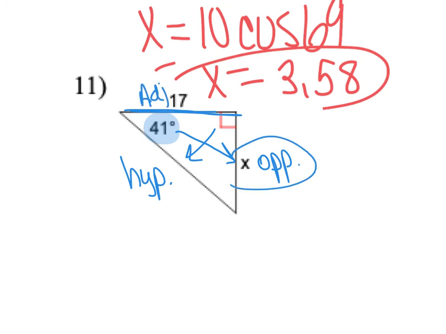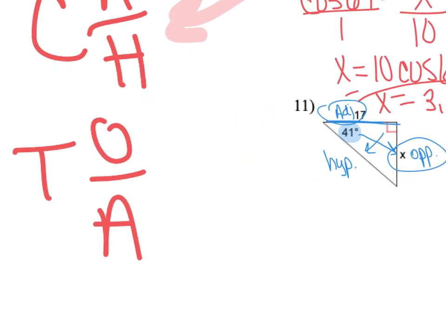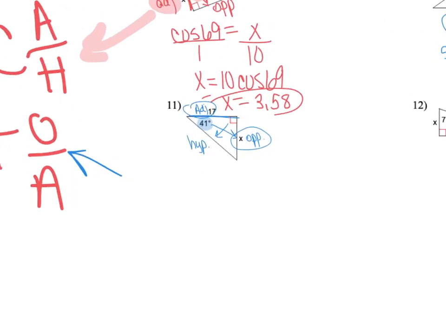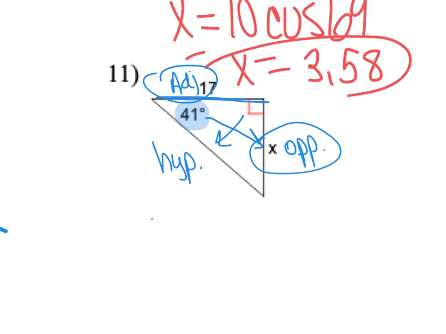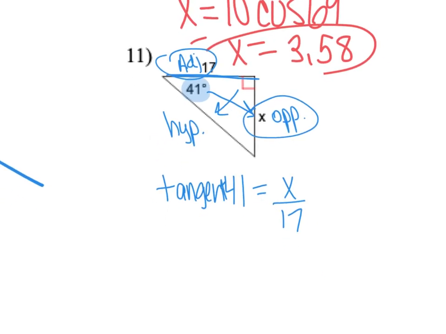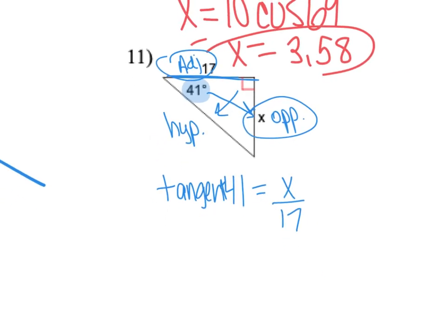Since I have information about opposite and adjacent, that means we are going to use tangent. So the tangent of 41 degrees is going to be opposite, which is x, over 17, which is our adjacent. Again, you can put that into your calculator, and if you do it correctly, it should be approximately 14.78.